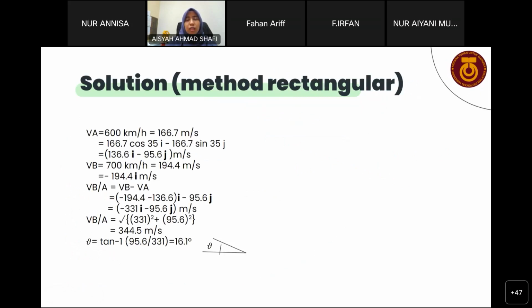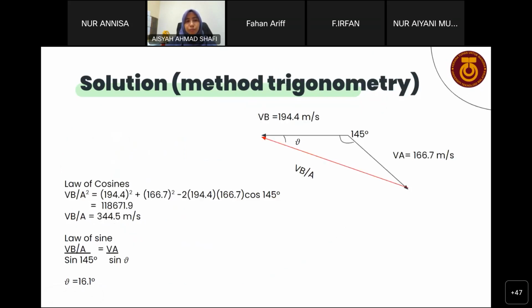And also for the degree here, you can solve by applying the law of sines. The law of sines is the length over the sine of the degree opposite to it, equal to the length over the sine of the degree opposite to it.